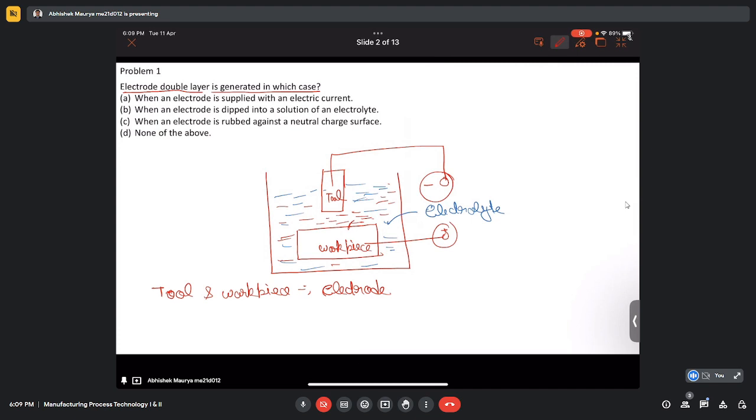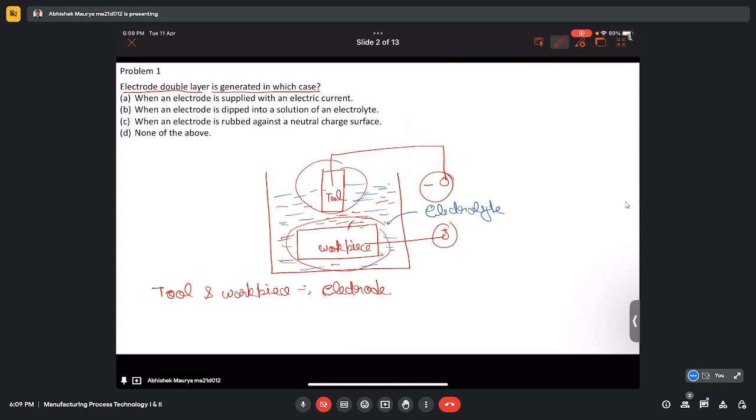This is the fundamental concept involved in the material removal. That's why it is called the electrochemical machining process, and the tool and workpiece act as electrodes.